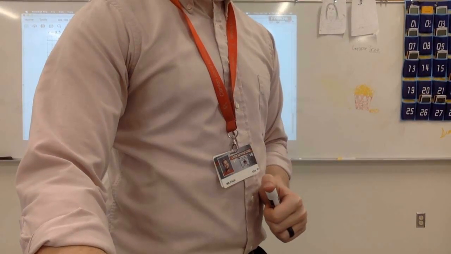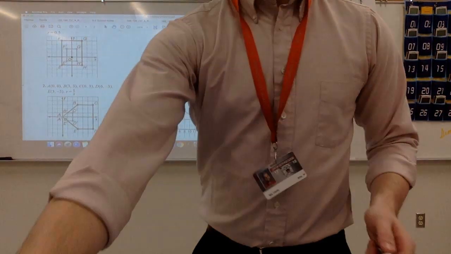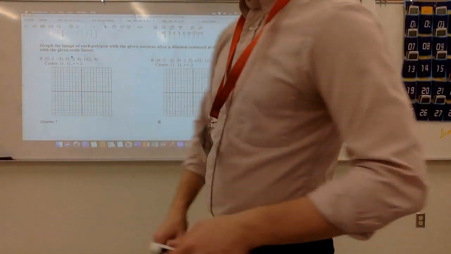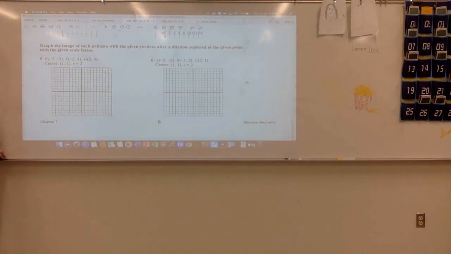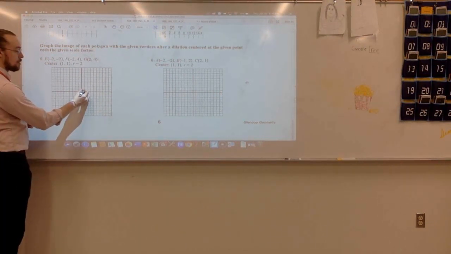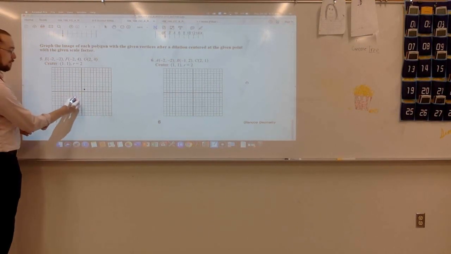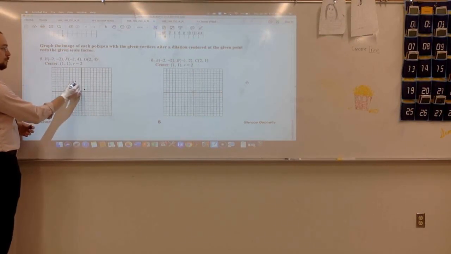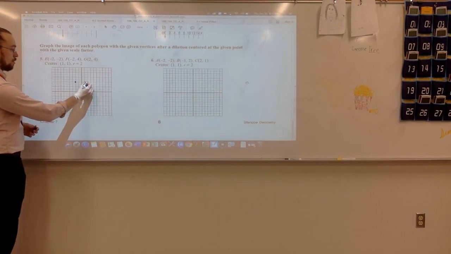Alright, let's take a look at the last two then. Okay, on the last two we have our figure centered at a point other than the origin. So, on number 5, our center of dilation is at 1, 1, and then our figure is at -2, -2, -2, 4, and 2, 4.